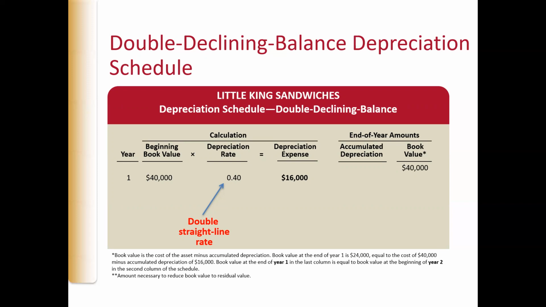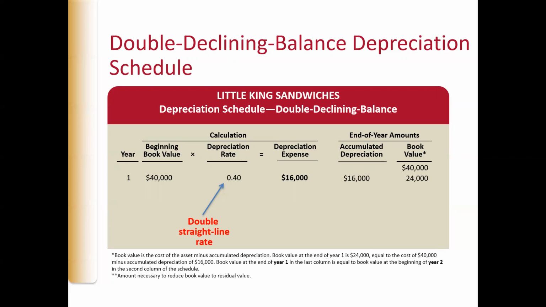What we do when we do double declining is we take that rate of 20% and we double it. So all we're going to do is take the book value, double the rate, which in this case is 40%, and we're going to take 40% of this asset without any residual value, 40% the very first year.